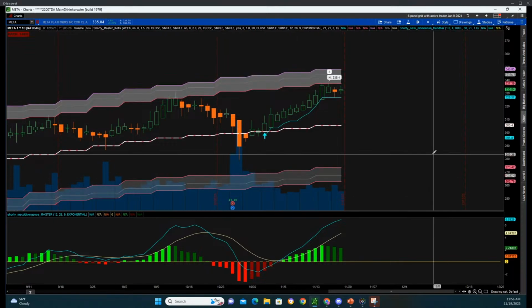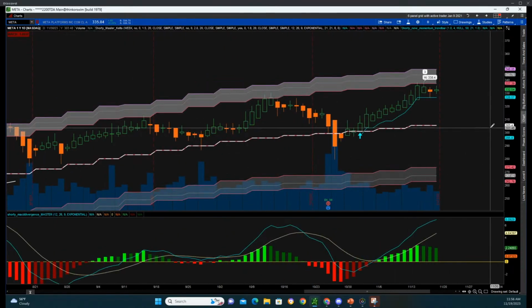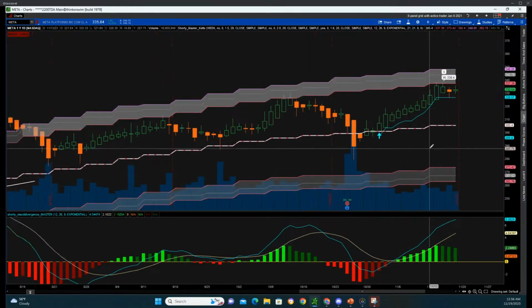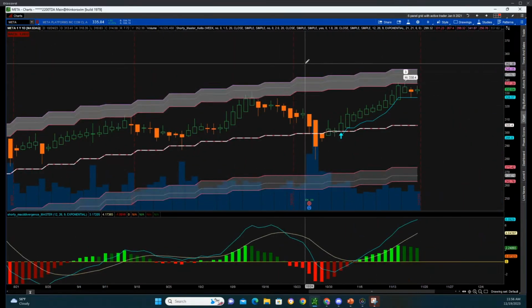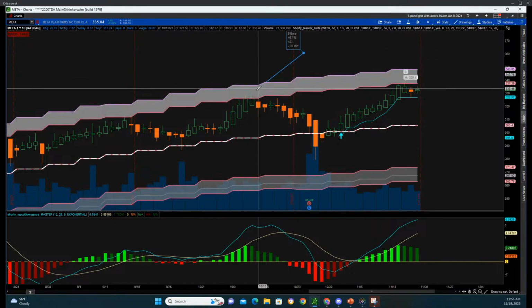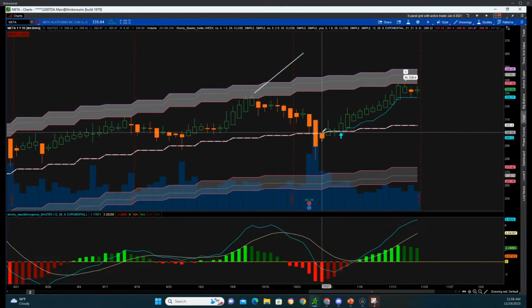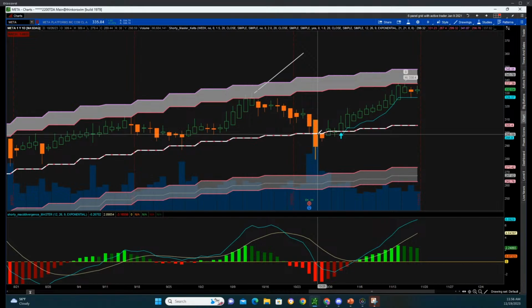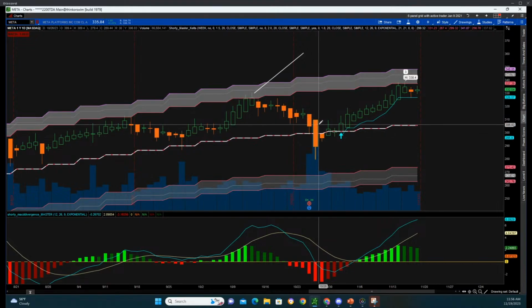You see the cloud colors by any chance? This one is darker. This one is not. Yeah. And look what happened last time it came to a closed cloud. Got rejected heavily, actually. Look at Meta 300 puts.